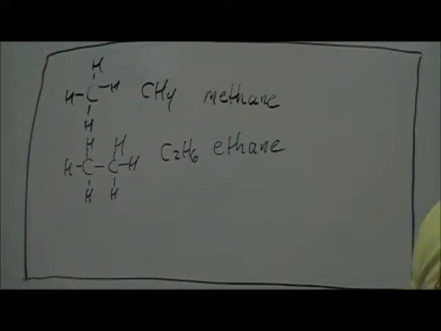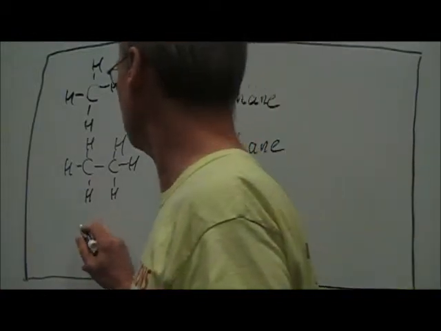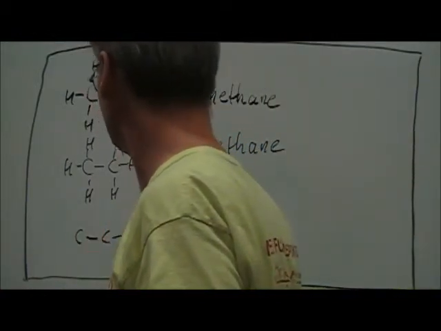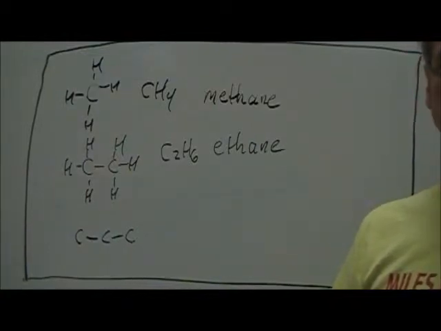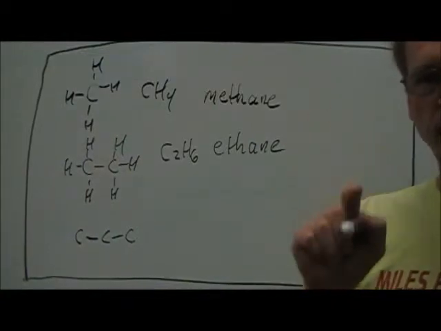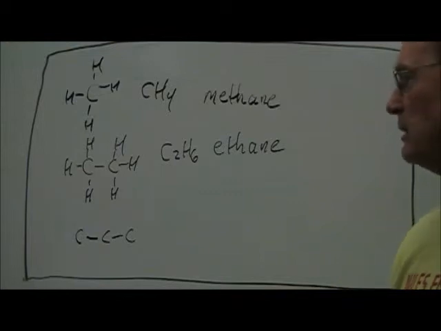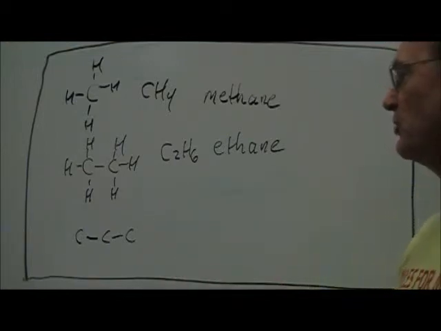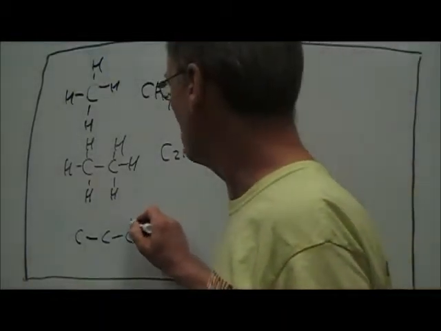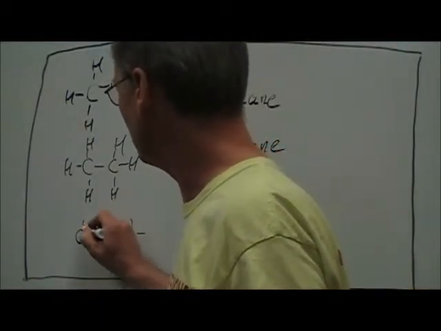Can you predict how many hydrogens we should have for 3 carbons? 3 carbons have to be attached to each other in that way. Now, by the way, we could draw them around a corner, but it turns out not a different compound. How many hydrogens would we expect there? The obvious answer is 8. 1, 2, 3, 4, 5, 6, 7, 8.